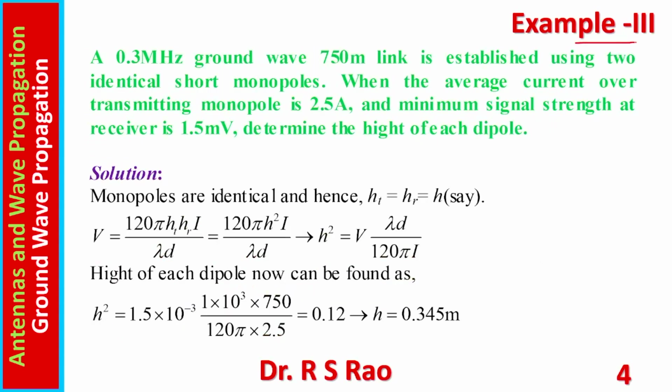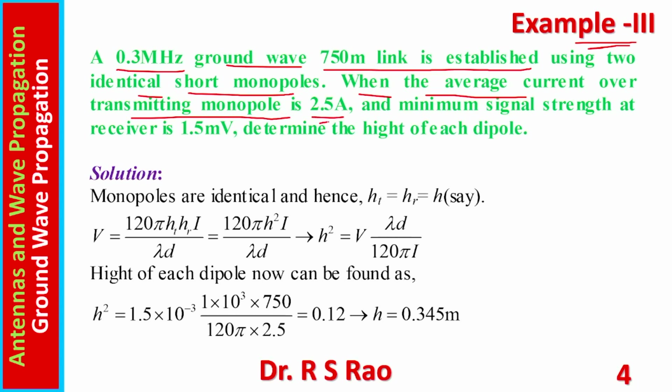Another problem, example 3. This is also based on ground wave propagation. A 0.3 megahertz ground wave 750 meter link is established using two identical short monopoles when the average current over transmitting monopole is 2.5 amperes and minimum signal strength required at receiver is 1.5 millivolts.